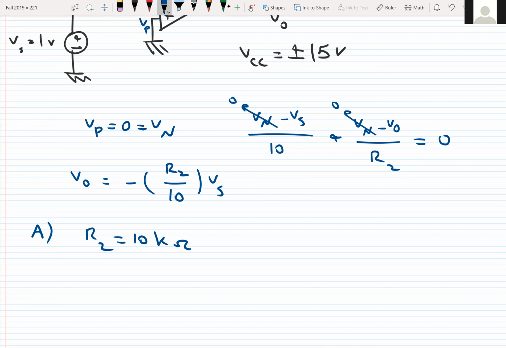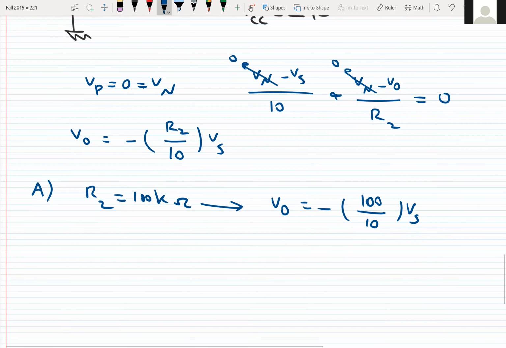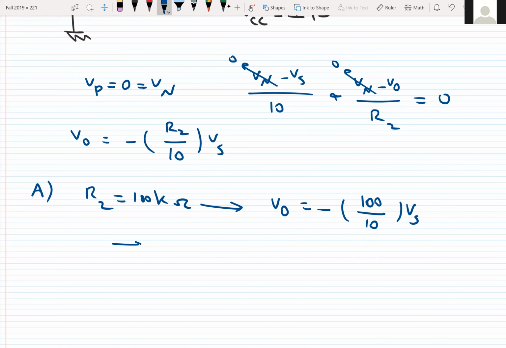No, 100. 100 kilo ohms. So as a result, Vo is negative 100 over 10 Vs, and as a result, Vo is negative 10 Vs.